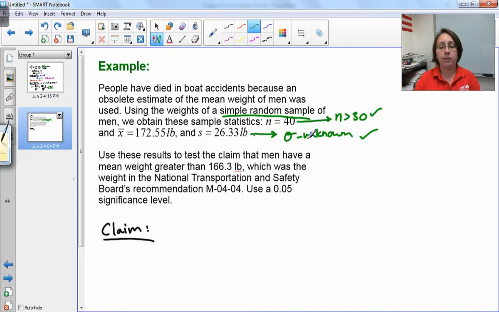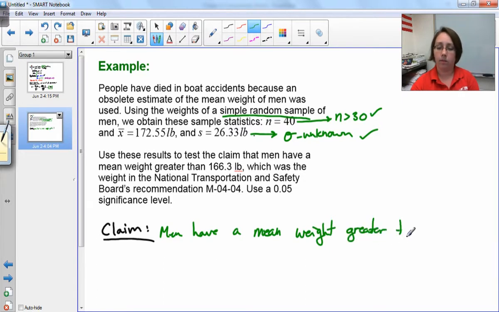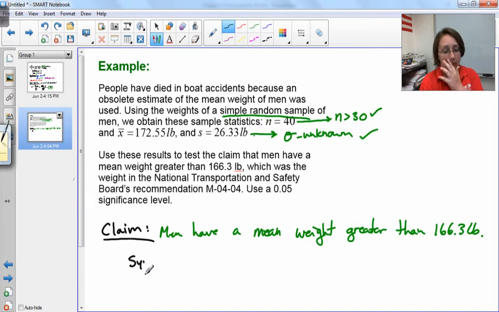Use these results to test the claim. Oh, here's the claim. That men have a mean weight greater than 166.3 pounds. Okay, remember, I want the words when you write your claim. Then you can write your symbols.